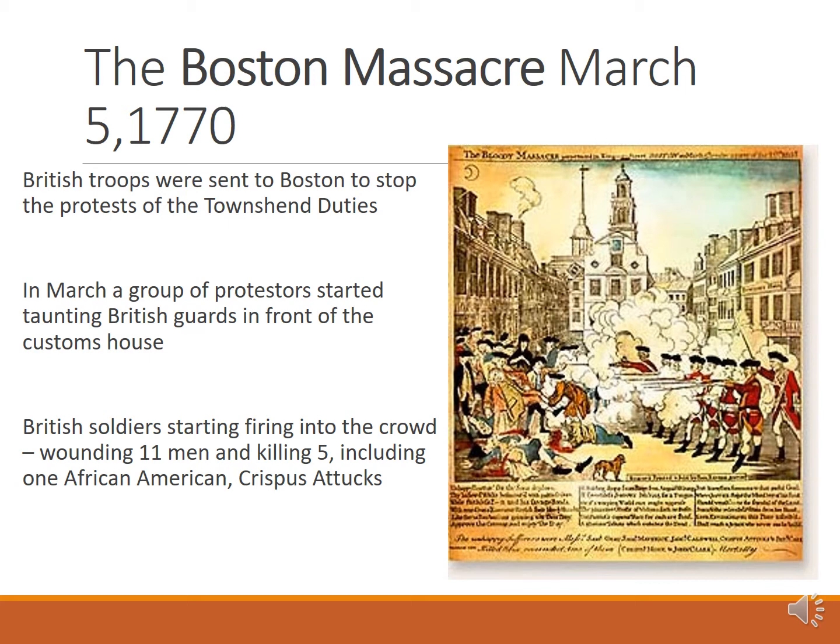The 5-day trial resulted in the acquittal of Preston and all but 2 of the soldiers, who were convicted of manslaughter, branded on the thumbs and released.